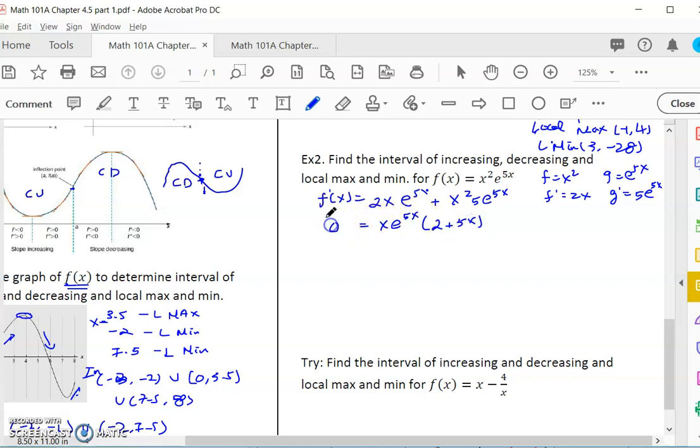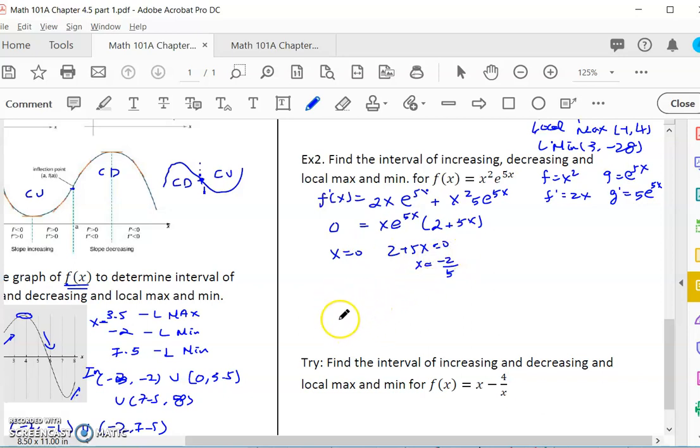And if I set it to 0 to solve for the critical points, what would happen? e to the 5x can never be 0, because e to something can never be 0, but x could be 0. Also, 2 plus 5x could be 0. That means x can be negative 2 over 5. So we have two critical numbers.